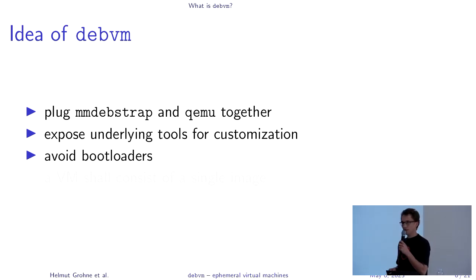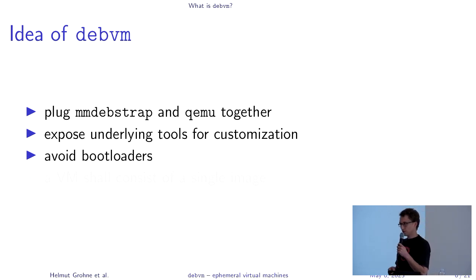Next, and that's probably most critical thought here, is avoid bootloaders. When you try to do VMs, you always have to mess with GRUB or EFI or whatnot, and if you're doing ARM, it's U-Boot or something else, and that's a quite diverse ecosystem.